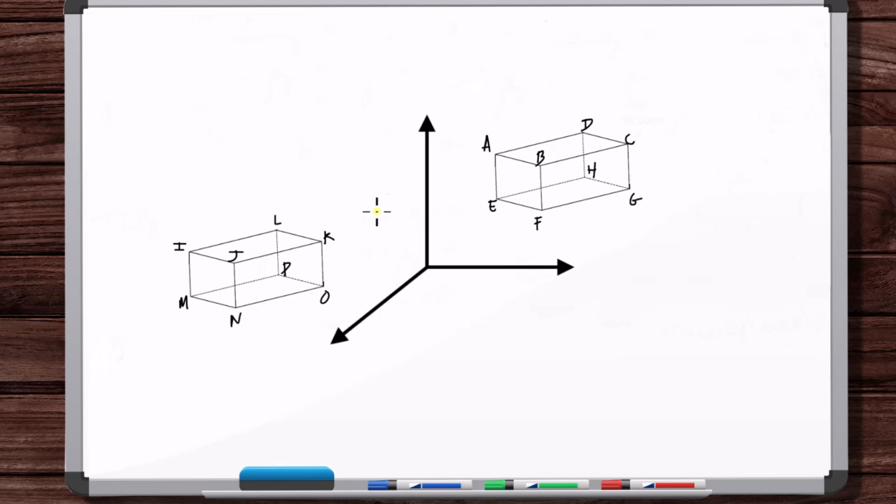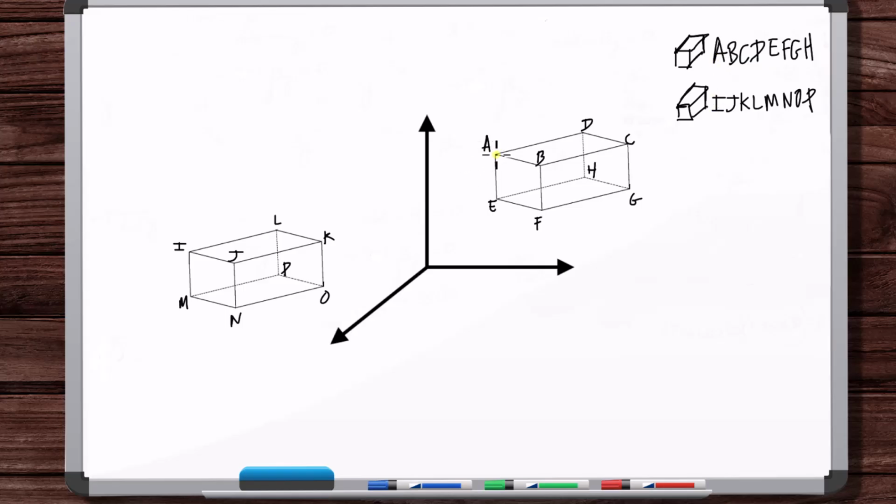So let's draw the vector that shows where point A went after the transformation.